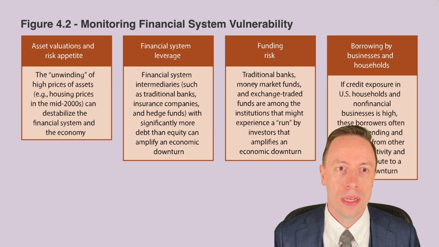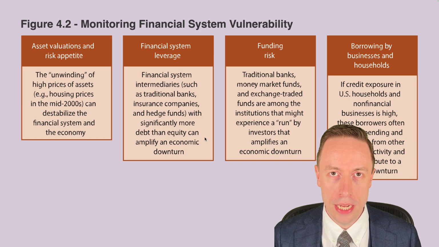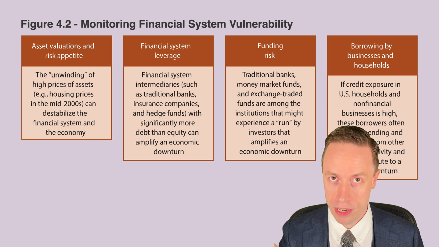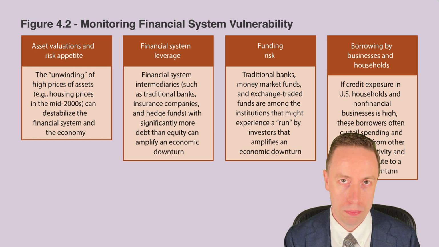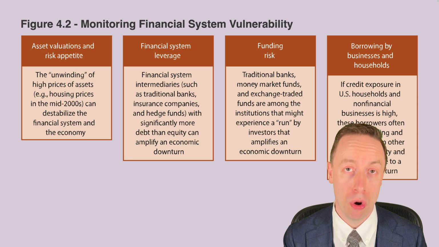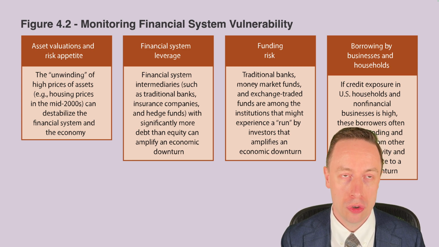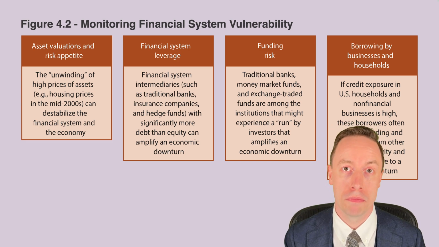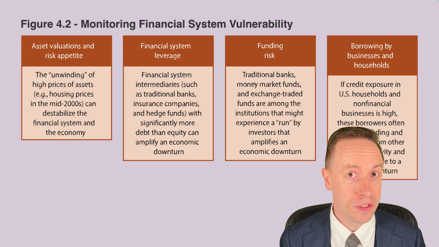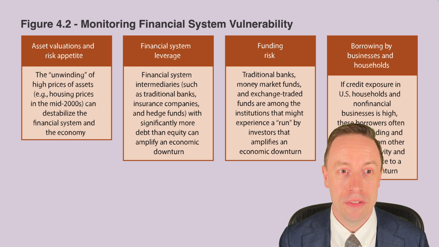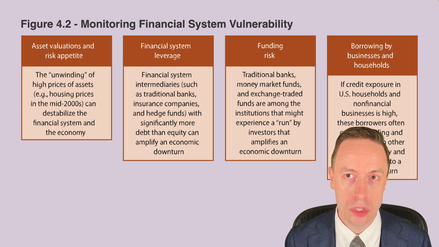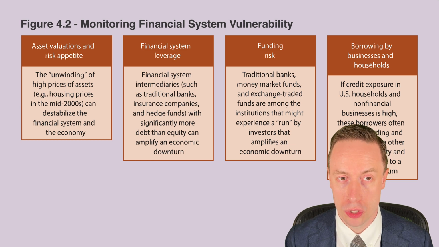Number two, leverage. That's how much a financial system, not just a banking system, uses borrowed money as opposed to its own investors' money to make financial deals. If lots of financial deals get made using borrowed money, then if some deals go bad, it can very quickly destabilize these financial companies because they are no longer able to repay the loans they themselves took.